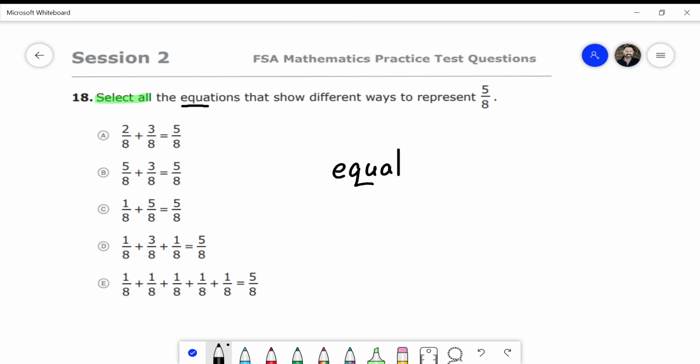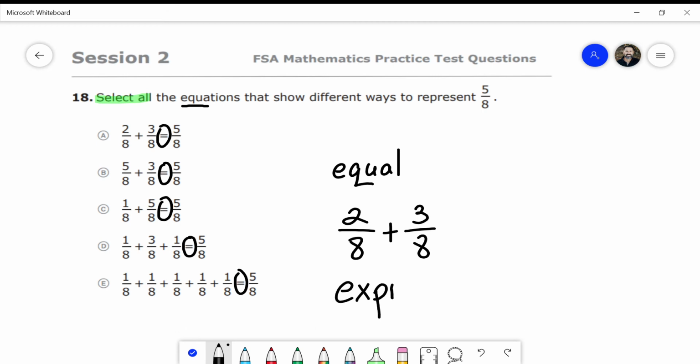I like to use that to point out that an equation has an equal sign. You've got a math problem that has an equal sign and it has an answer. So if it doesn't have an equal sign, let's say we just have 2/8 plus 3/8, looking at letter A, no equal sign, no answer, well, that's an expression. That would be an expression, okay?